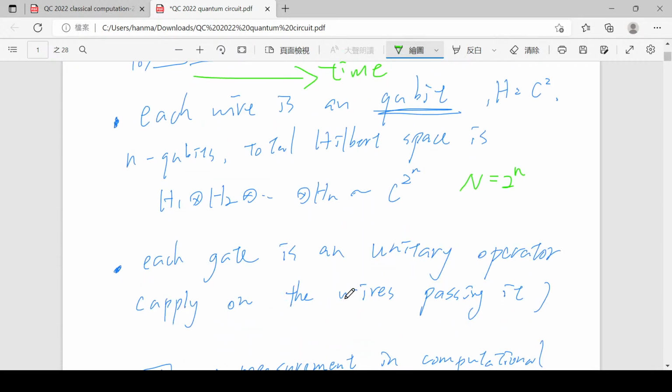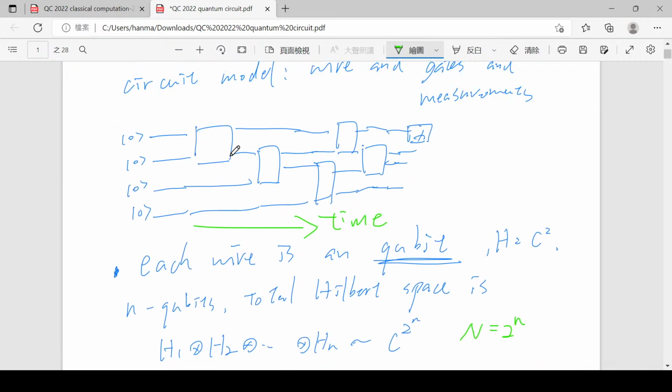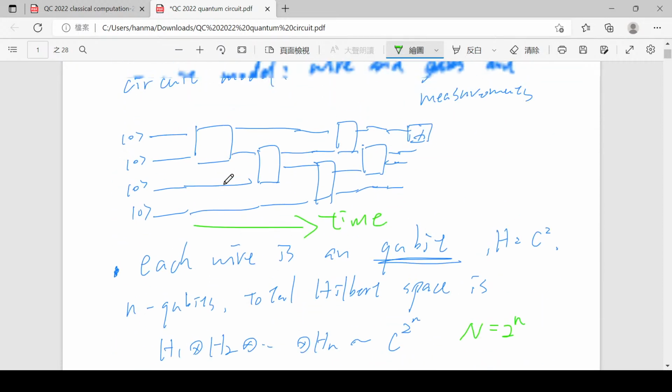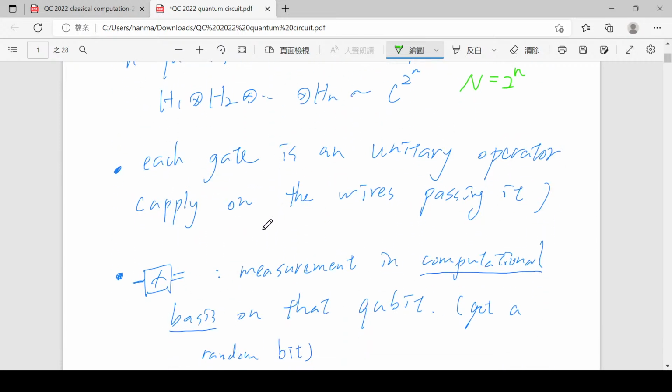And the gates now are unitary operators. Just like classical, they can have several wires passing through them. If 2 wires pass through this gate, then this gate is applying on those 2 qubits. We can also have a 1-qubit gate, which we'll see very soon, where the gate only acts on one qubit.